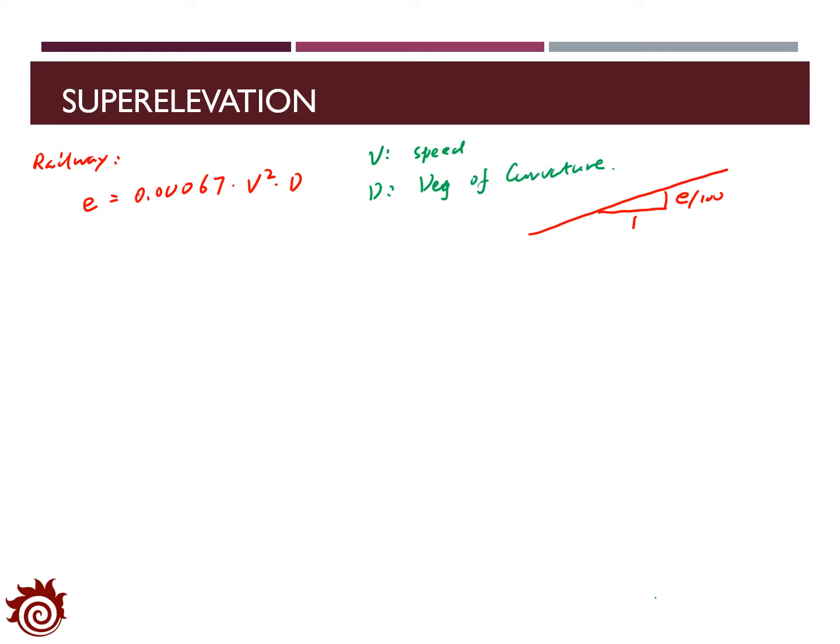For the freeway, we have two different definitions. If we are using the international system of units, there would be E plus F equal to V squared divided by 127R, and here, F is the lateral friction factor.